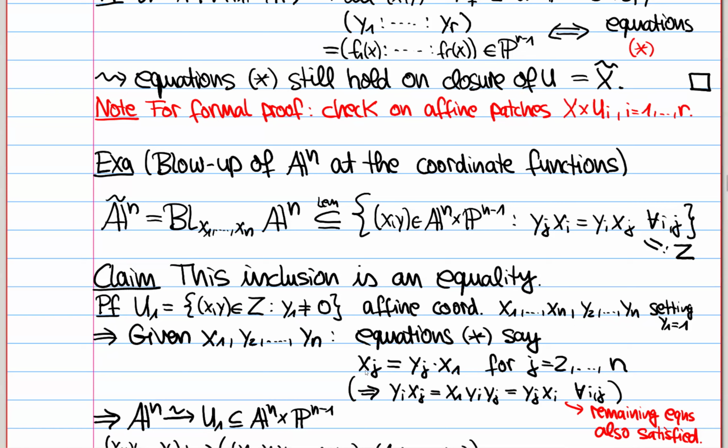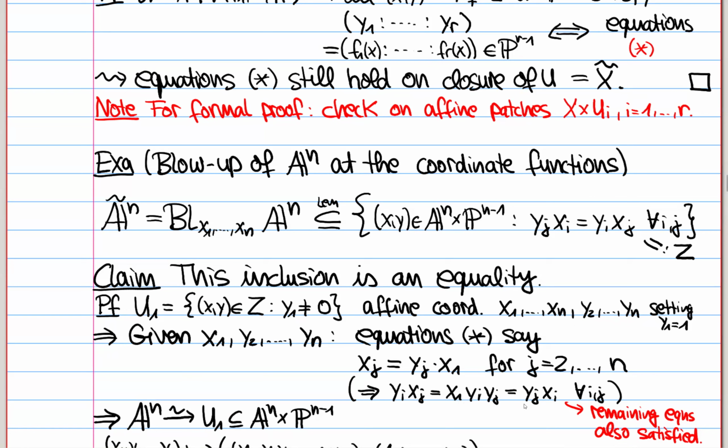But in fact, if we set x_j to be this value, then we claim that the other equations are also satisfied. That's just a short check because you start with, let's say, y_i times x_j. Then you plug this formula in, and you get this here. And then you combine it in a different way. You combine these two here to get the y_j times x_i.